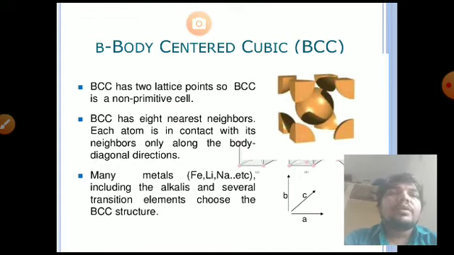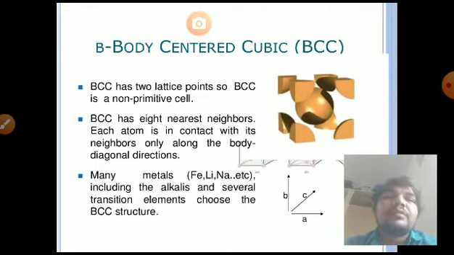Body-centered cubic. BCC has two lattice points, so BCC is a non-primitive cell. BCC has 8 nearest neighbors.